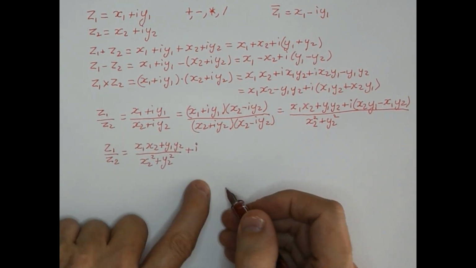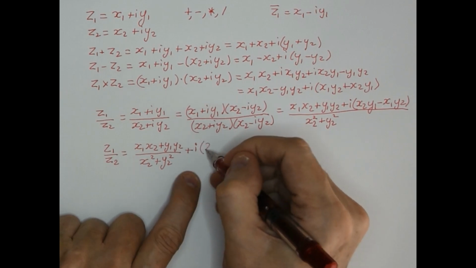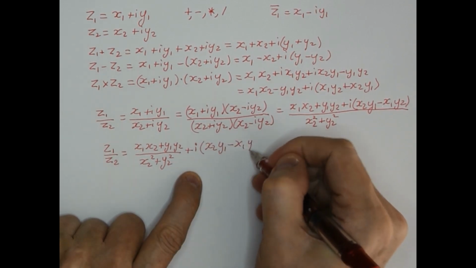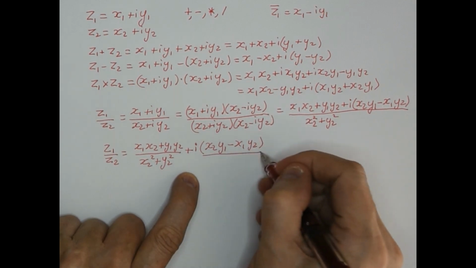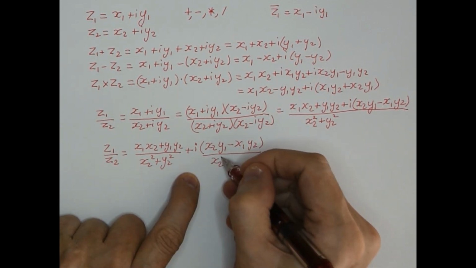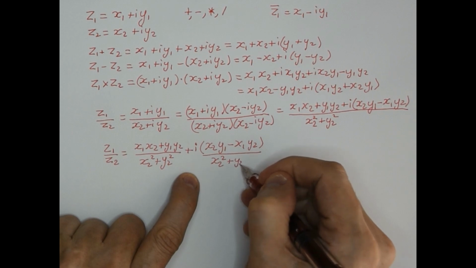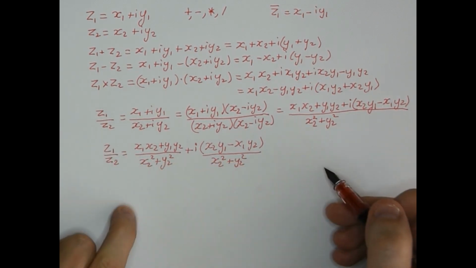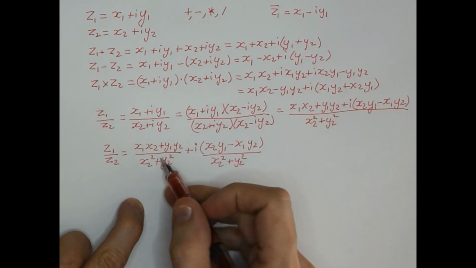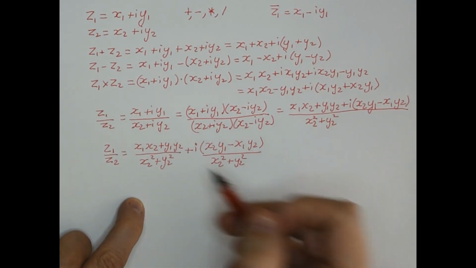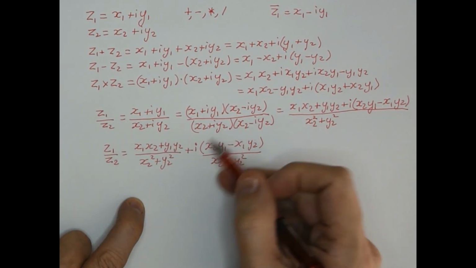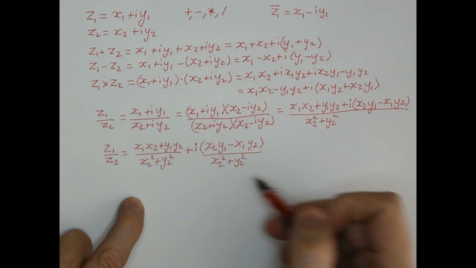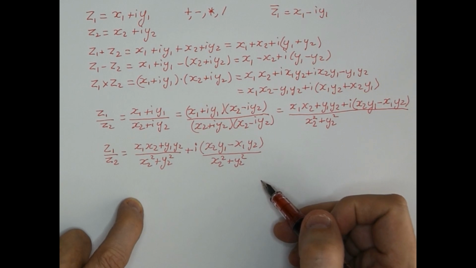And the imaginary part equals (x2 y1 - x1 y2) divided by (x2 squared + y2 squared). So you see that the division is quite a bit more complex. If you want to rewrite that into a new complex number, you see that it is quite complex when it comes to the relationship between the original ones and the division. Okay?